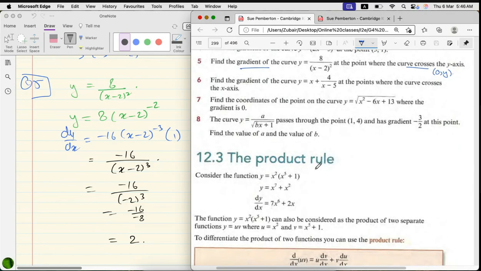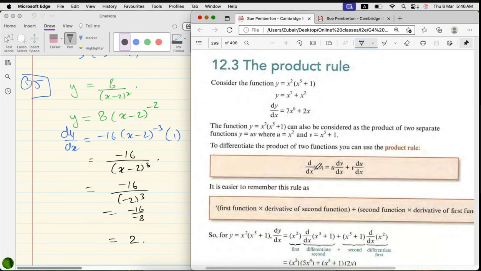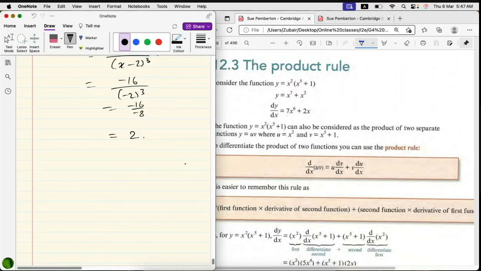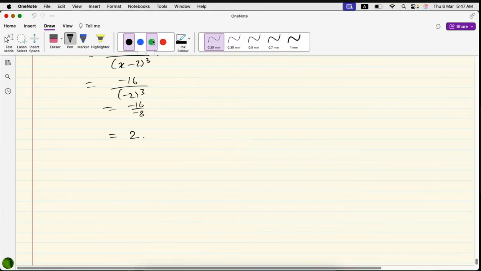I'm going for the product rule. Now we'll have two functions which will be multiplying with each other. For example, y is equal to (x plus 1) into (x plus 2). These are two functions being multiplied with each other. The general form is u dot v being multiplied.